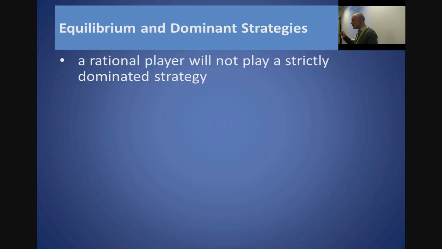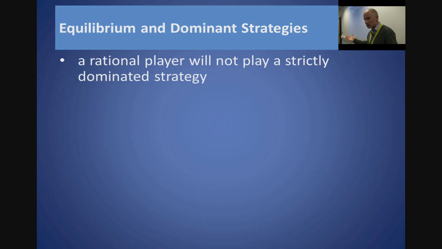A strictly dominated strategy is what we saw previously: a strategy for which an alternative always gives a higher payoff. Strictly means all of the time. Dominated means something else gives a higher payoff.